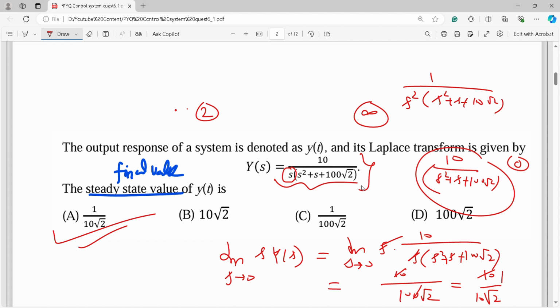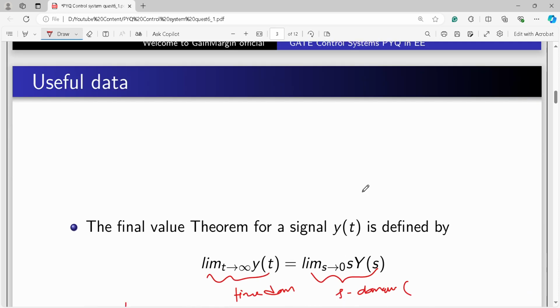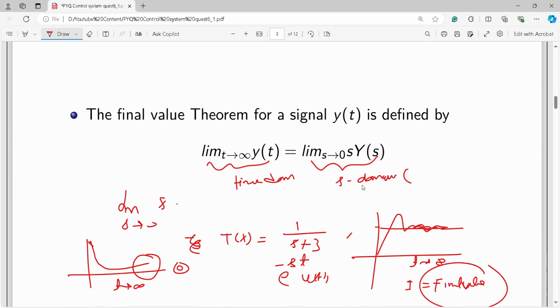Okay, so in these cases the final value theorem is applicable, but it is not applicable where we get poles in the right half plane. Okay, the system is unstable.